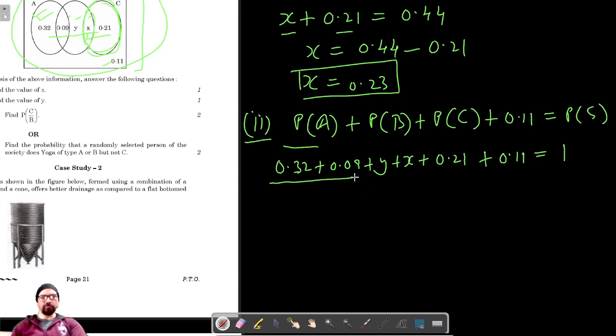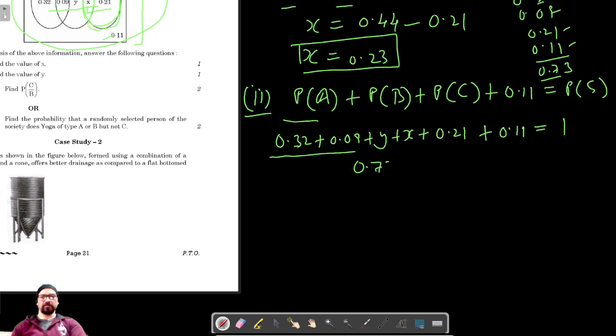Now adding 0.32, 0.09, 0.21, and 0.11, this is 0.73. So 0.73 plus y plus x, and we have the value of x.